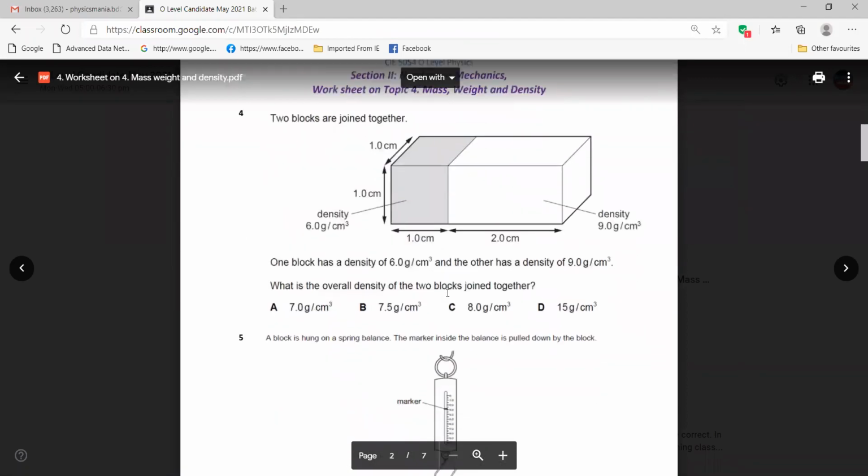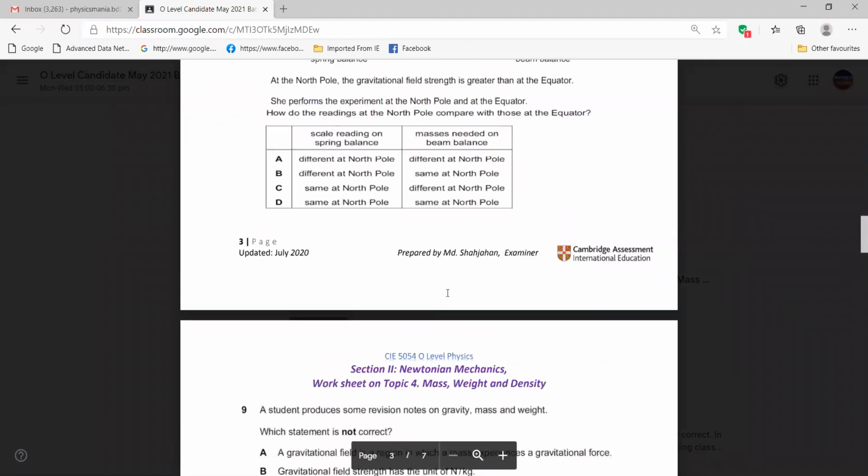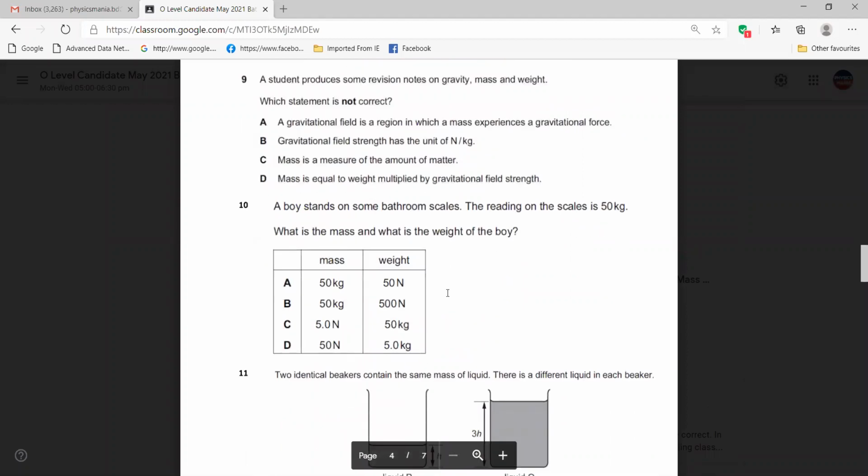Then for 10, which one did you give? A. You gave A.